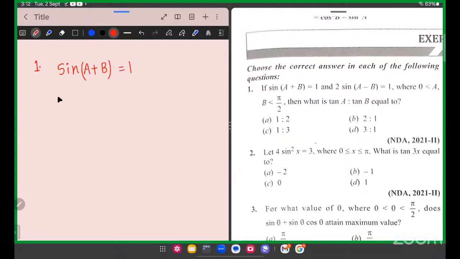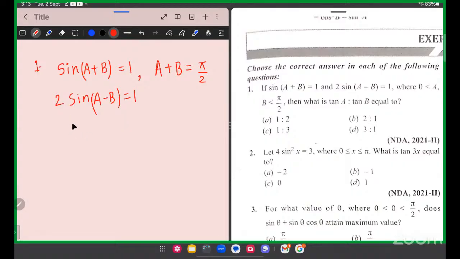And 2 sine A minus B is equal to 1. So this is the first equation, right? From here, I can write A plus B is equal to 90 degree. Yes or no? A plus B is equal to 90 degree. Or pi by 2 I can directly write, right?